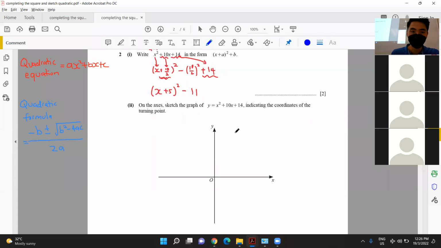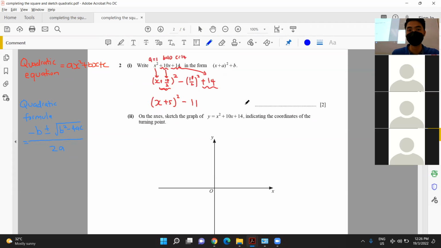And everything that we need to know has actually been what we learned in the previous chapters already. Okay, so the first thing is the minimum point. In this case, what's the value? What's the minimum point for this quadratic graph in the second question?